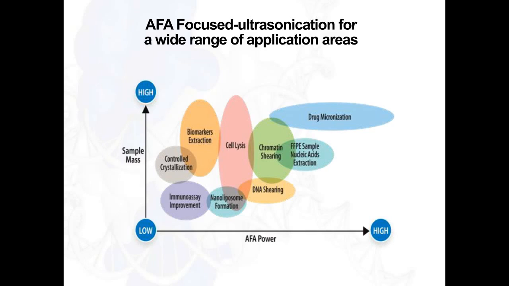Covaris is the gold standard for DNA shearing for NGS. We can do chromatin shearing, again the gold standard for all ChIP applications. And we also have all the cell lysis applications. But today what I really want to focus on is how we can use AFA for the extraction of DNA or RNA from FFPE samples.